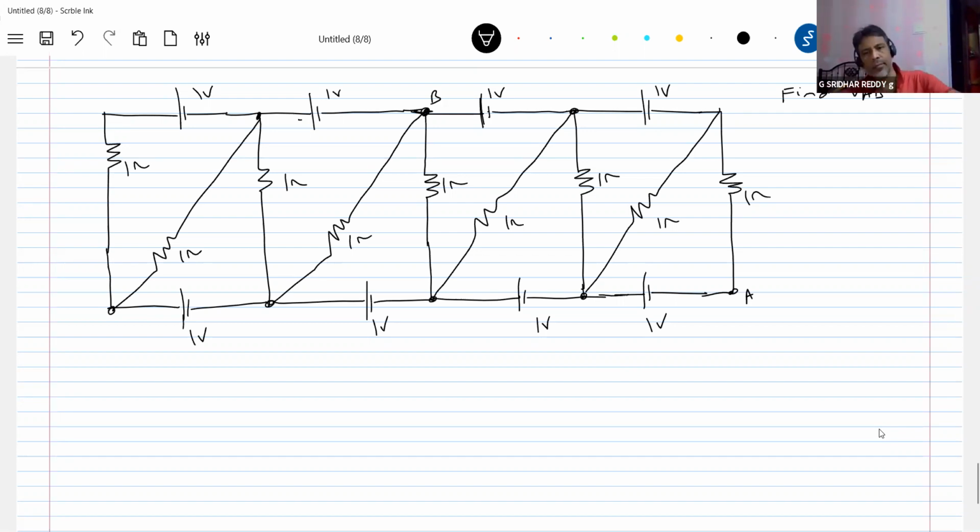What are the methods available for you? Grouping of cells, then mesh analysis, then branch current method, then nodal analysis. Then another thing is trying to define the potential and trying to get the current. So these are the methods we have here.